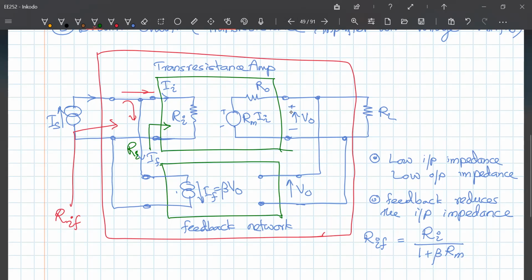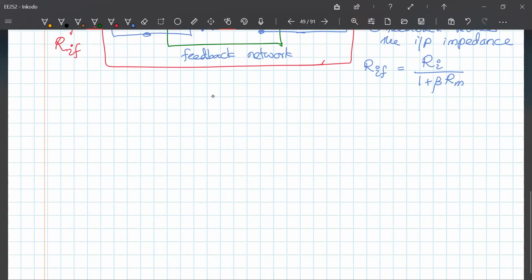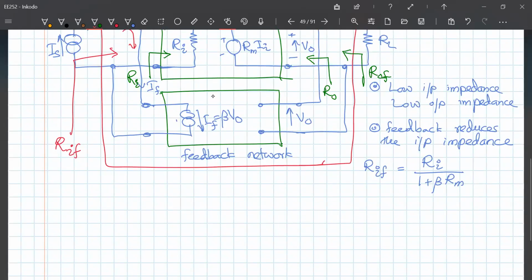This is my R out, this is my R out F. Here it has not changed because it's the same as R out, because the feedback network has an infinite impedance. Okay, hope this is clear. Any questions so far?